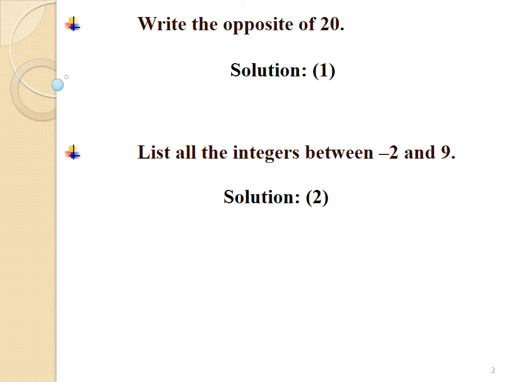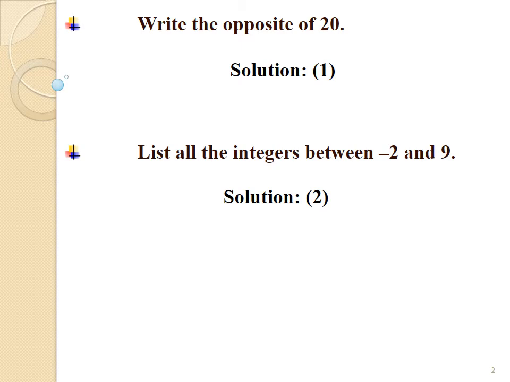While adding a positive number to a negative number, first the signs are ignored and the smaller number is subtracted from the larger number. Then the sign of the larger number is given to the result or answer.